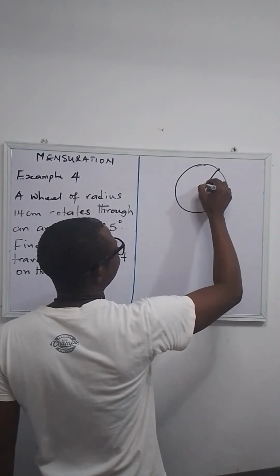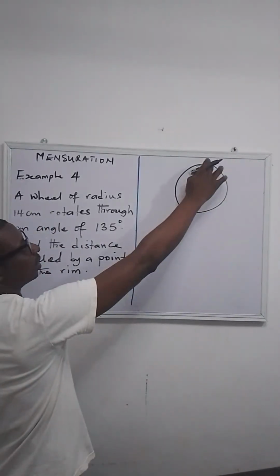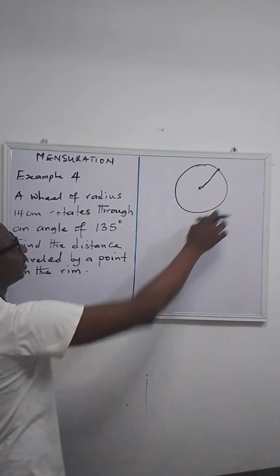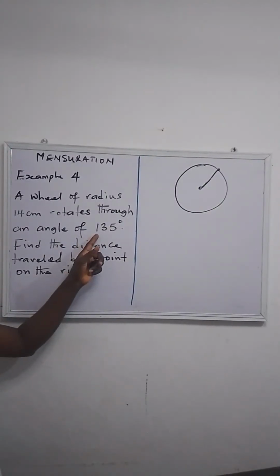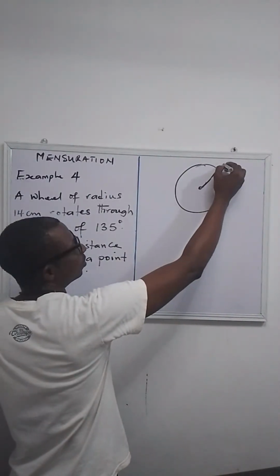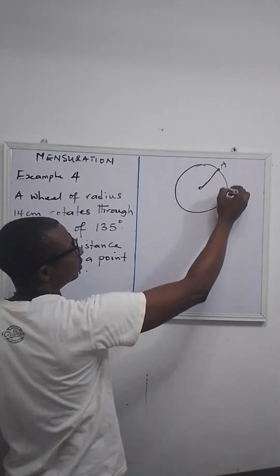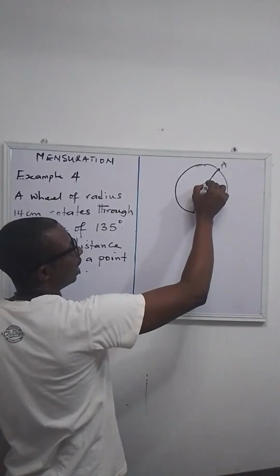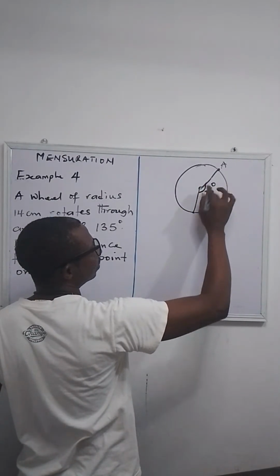Now we are told this wheel rotates through an angle of 135 degrees. That means from this point A, where the wheel starts from, it moves until it covers an angle of 135 degrees. I hope you understand that.